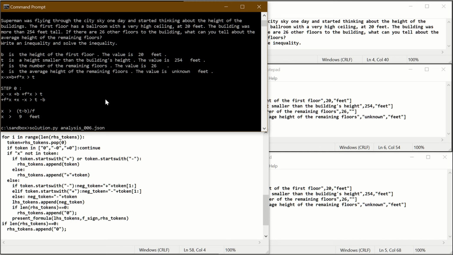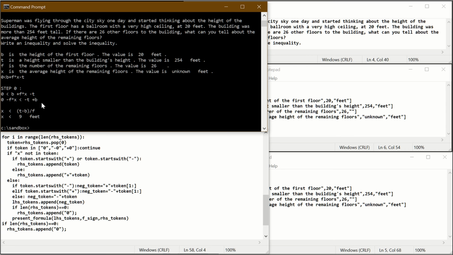And now the last test case, test 7. Again, we have 0 is more than b plus f times x minus t. On the left hand side there was nothing to do, just to put back the 0 that was taken out. And then on the right hand side, fx has been moved and we have 0 minus fx.